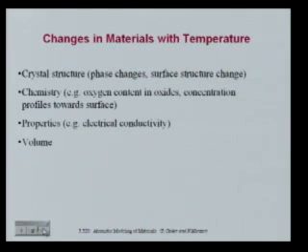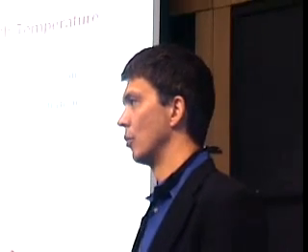Okay, so what kind of changes might you want to look at where you think you need temperature? An obvious one is crystal structure changes. Sometimes you want to calculate what the structure of a material is, and it's already a really hard problem to do that at 0 Kelvin, because it's a non-local optimization problem.